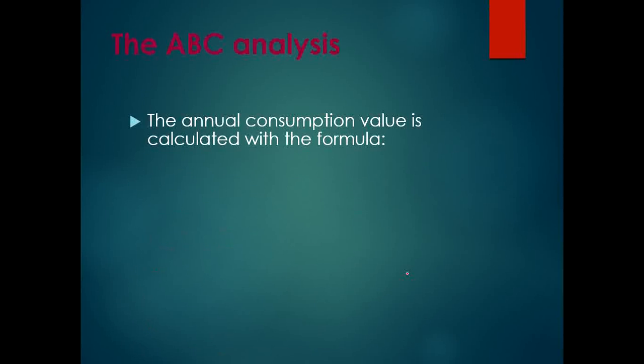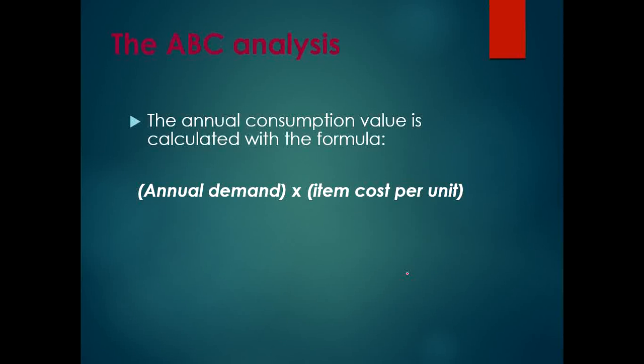So now, if I try to do ABC analysis, how to get the annual consumption value of each item? Okay, how to get the annual consumption value for each item.